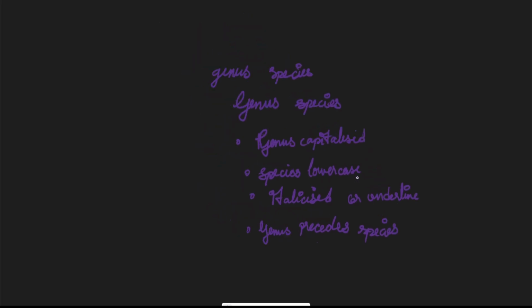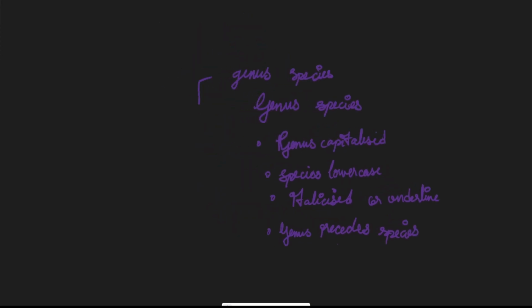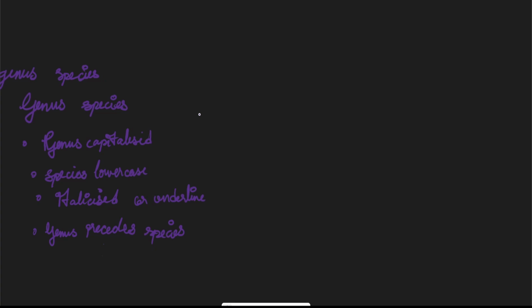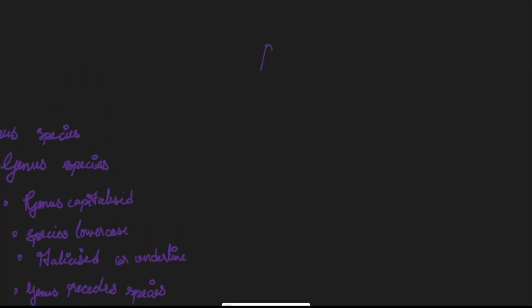Now, the reason we use this system of naming, which is the scientific name, is because names can be confusing. If you take a robin, in India and in Britain, a robin is very different. In India, they're mostly black and much smaller.